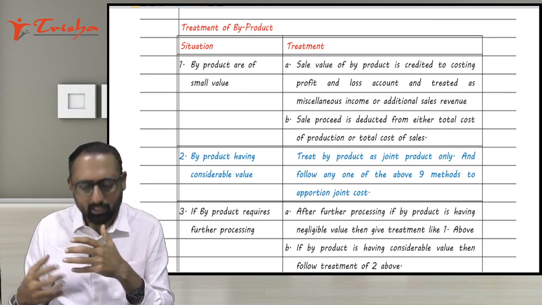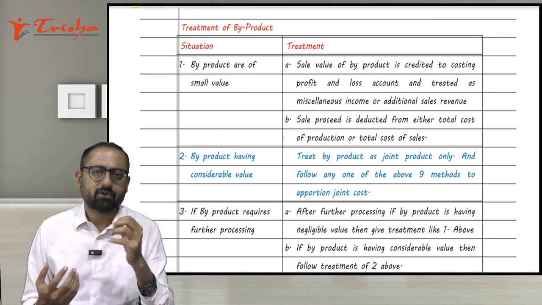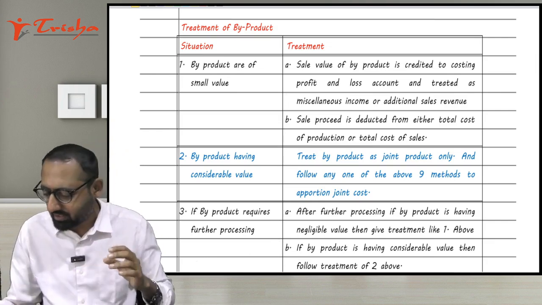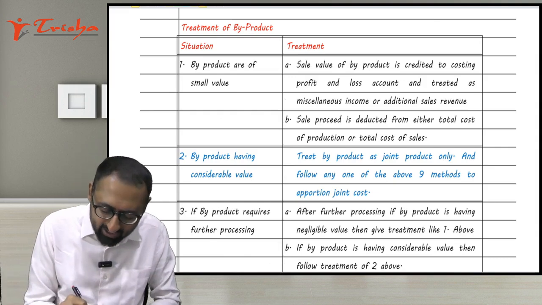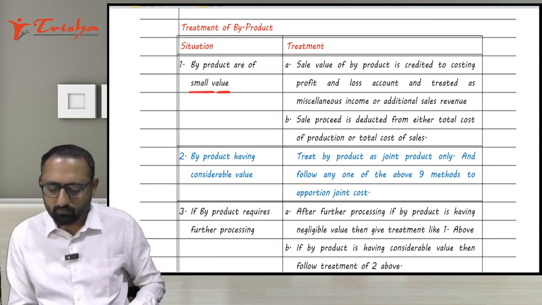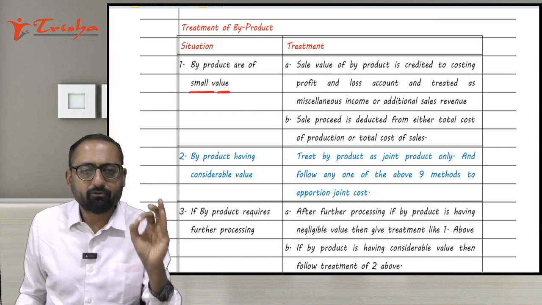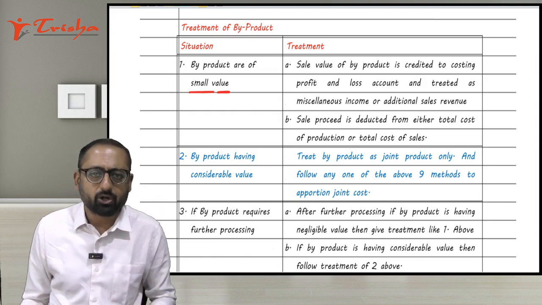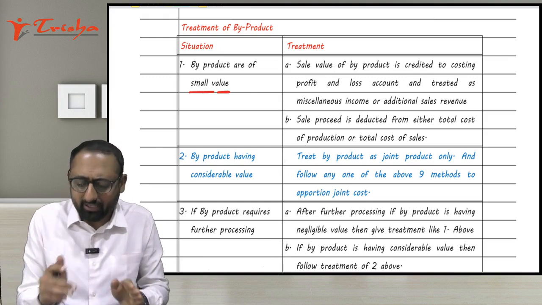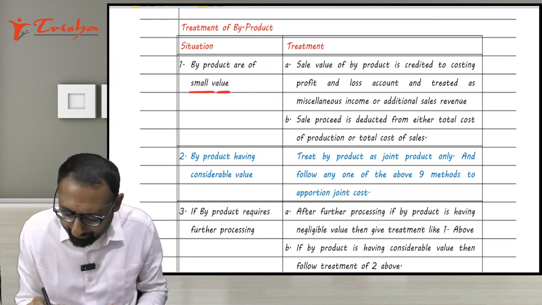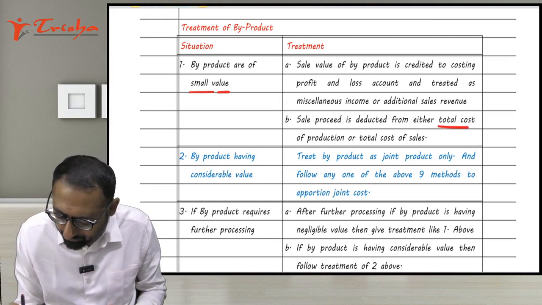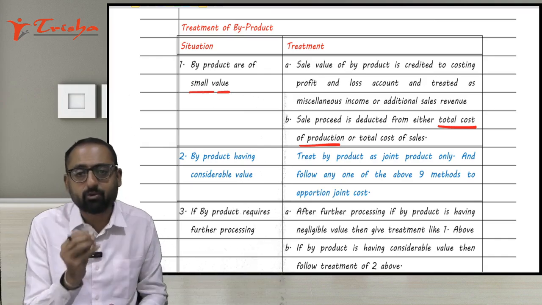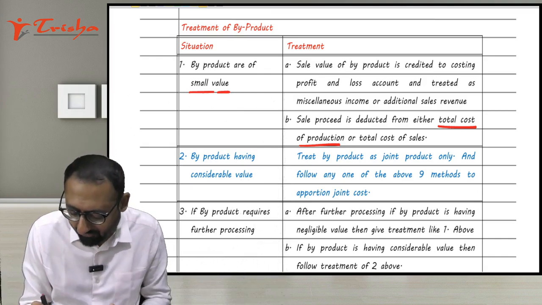Now, the treatment of the byproduct. First, if the byproduct value is negligible, a very small value, then whatever the realizable value of the byproduct is will either be deducted from the cost of production or deducted from the cost of sales.